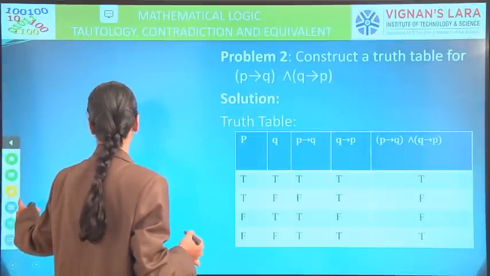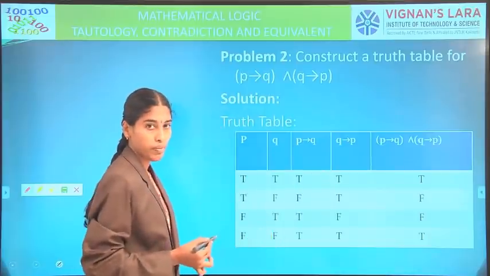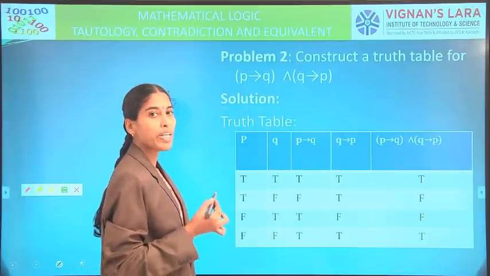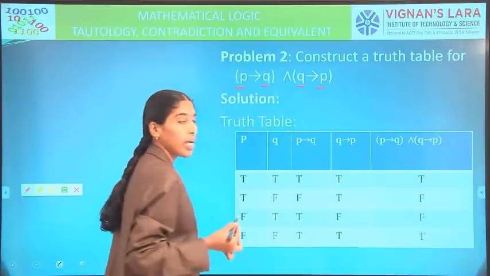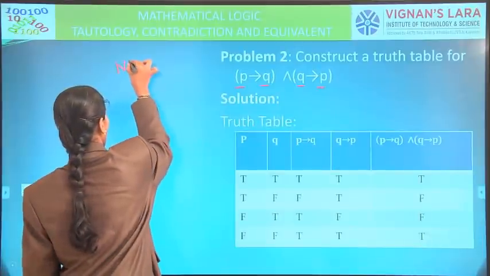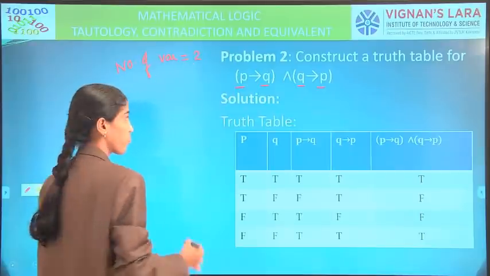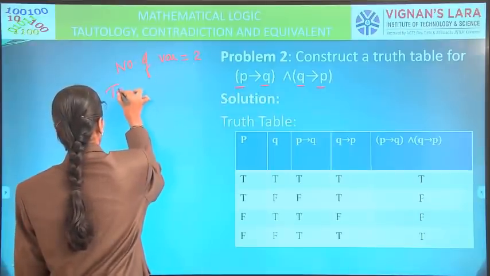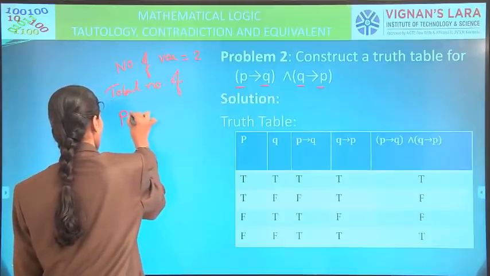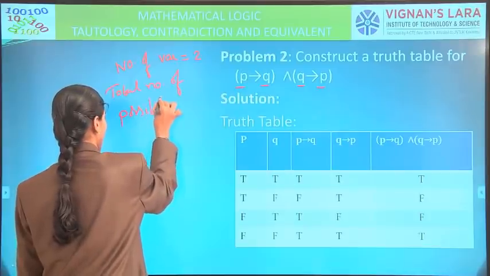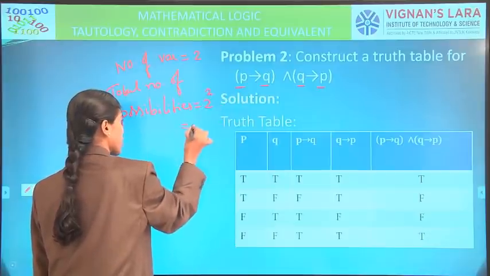Construct a truth table for the proposition P conditional Q and Q conditional P. First, we need to check how many variables are there. Here we have two different variables, those are P and Q. Because the number of variables in the given proposition is equal to 2, the total number of rows or total number of possibilities is equal to 2 square, that is 4.